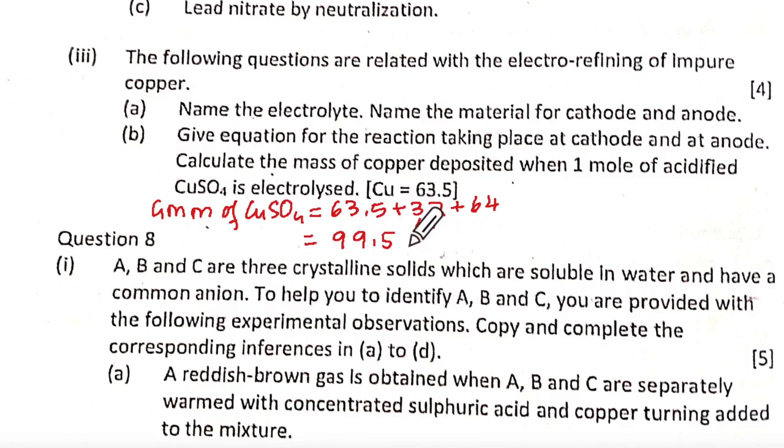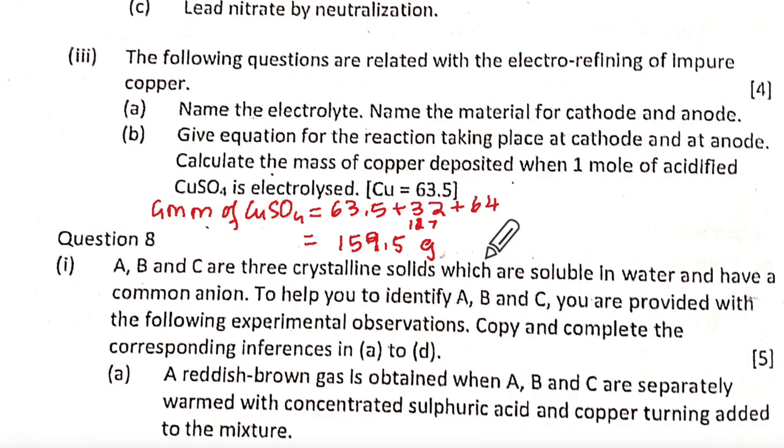Correct? Am I correct? No, I made a mistake. Ma'am, 158. Made a big time mistake. Okay. This is 127, no? So it will be 159.5. Correct? Yes, ma'am.